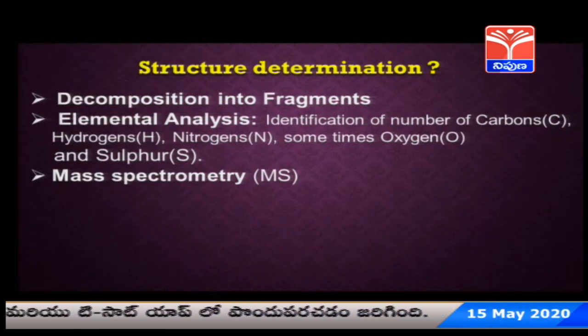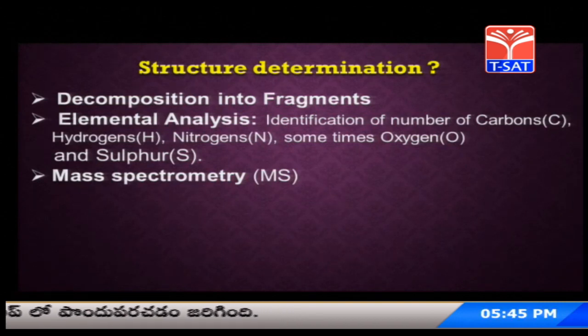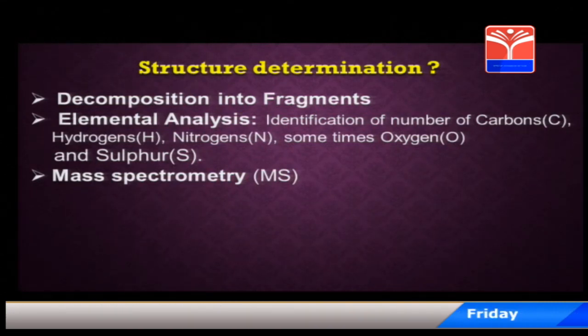If you take elemental analysis, by this method we can only determine the type of atoms and the composition of atoms present in that particular molecule. And if you take mass spectroscopy, it gives the information of molecular weight of the compound.